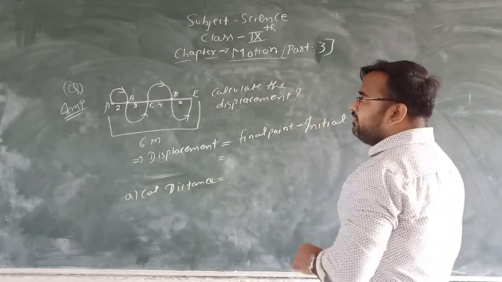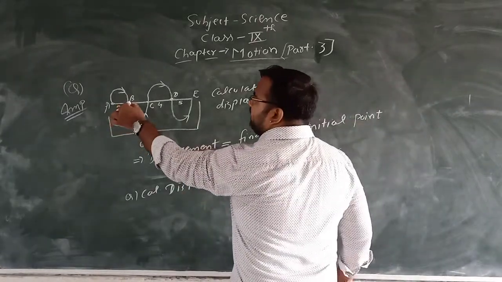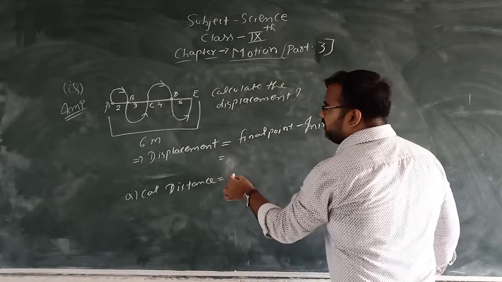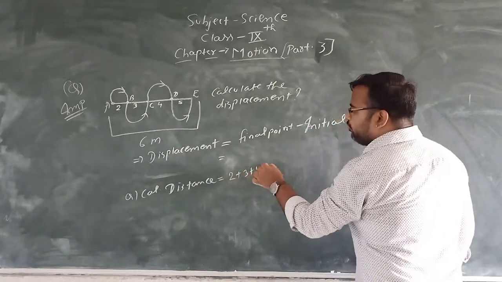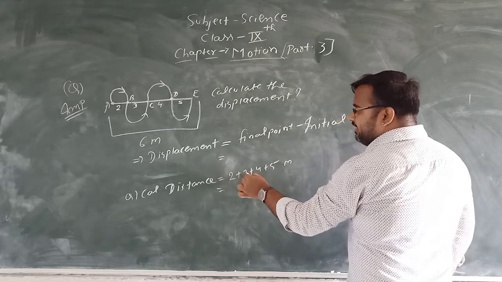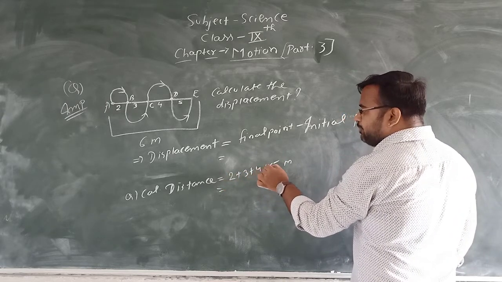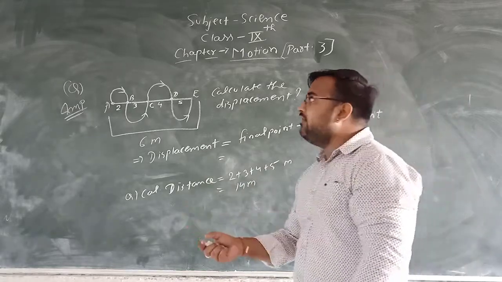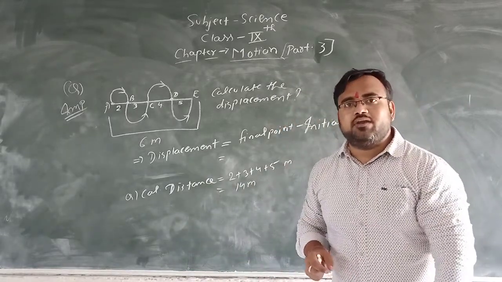So 2 plus 3 plus 4 plus 5 meters. 2 plus 3 is 5, plus 4 is 9, plus 5 is 14 meters. The distance would be 14 meters. But I have to calculate displacement.